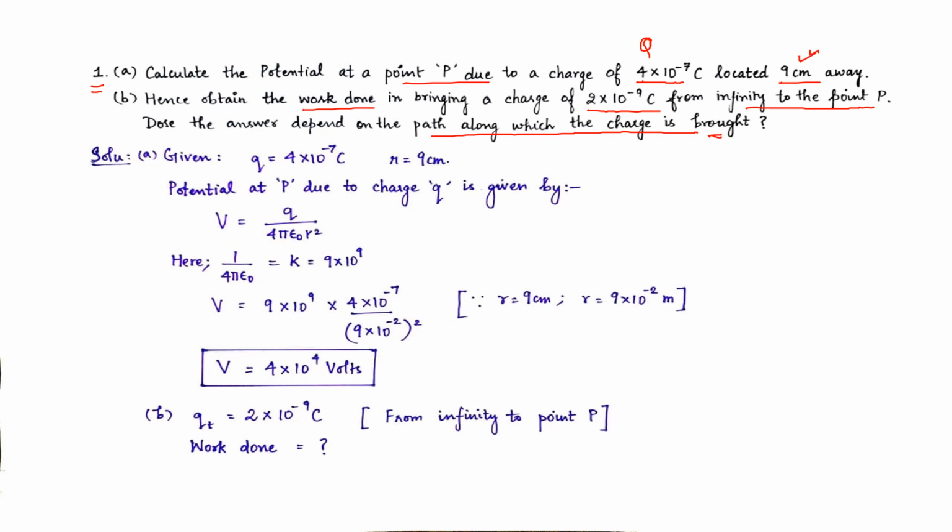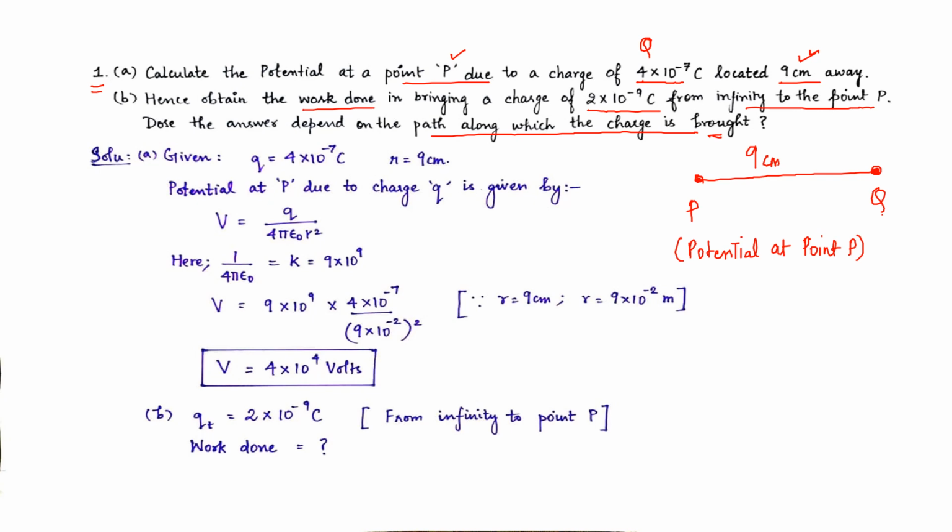We have to calculate the potential at point P. This is our point P, and here is our charge Q. So the distance between the two is 9 centimeter. Potential at point P is to be calculated.